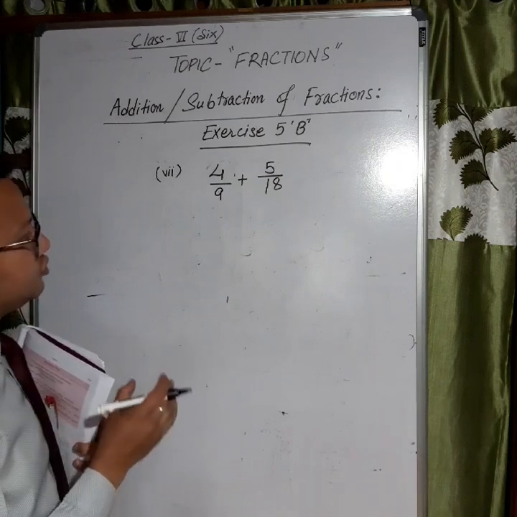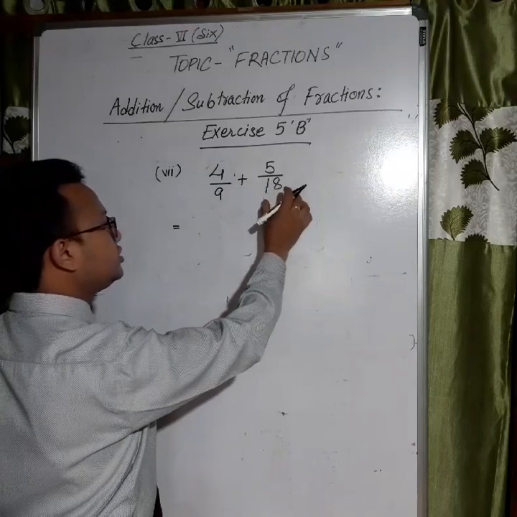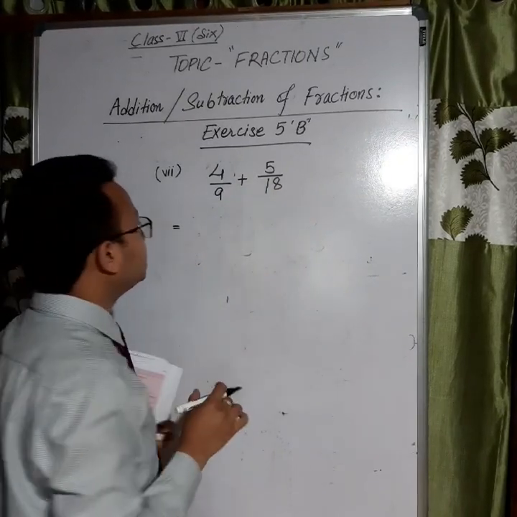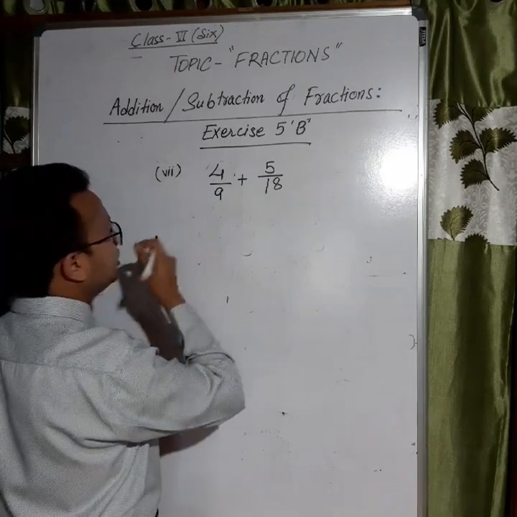The first and foremost rule is that we check the denominators. What are the denominators here? It is 9 and it is 18. They two are not the same. So first you find the LCM.